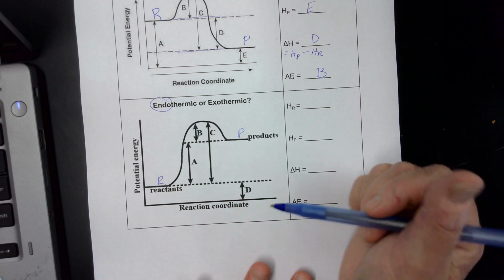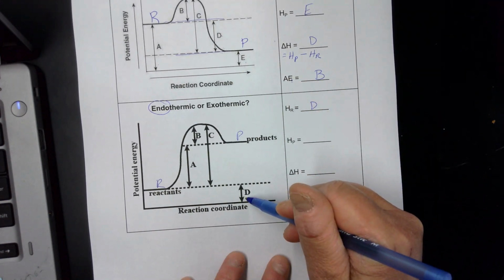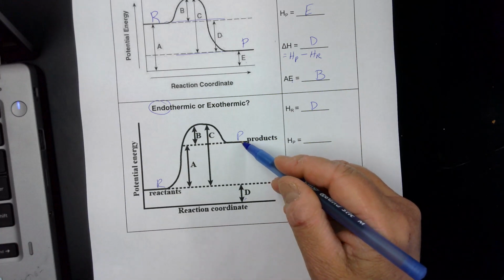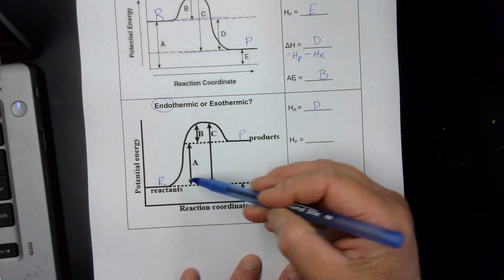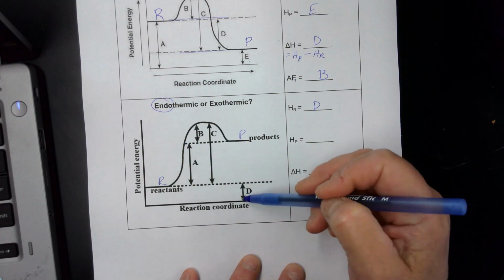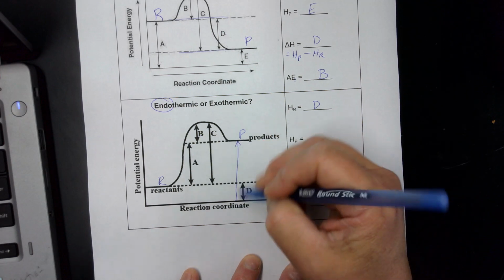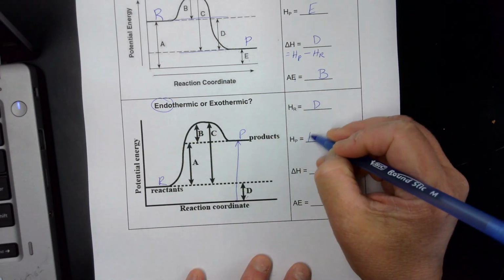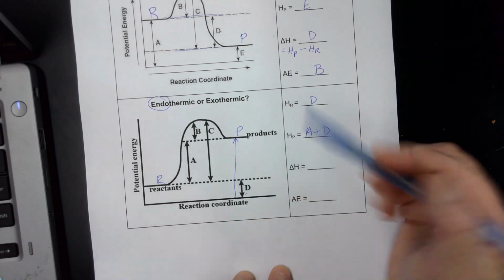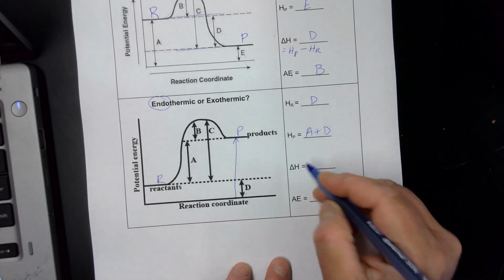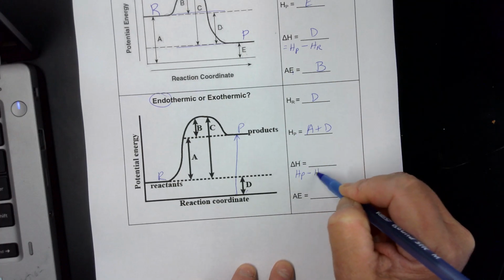The arrow that represents the energy of our reactants is D. Now the energy of our products, be careful here. You might want to say A, but the energy of our products is actually A plus D. Really, it's this entire arrow here, but there is no arrow that goes that whole distance. So we're going to have to say A plus D. The difference in the energy of the reactants and products, delta H, is HP minus HR.